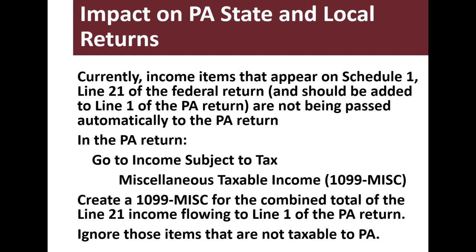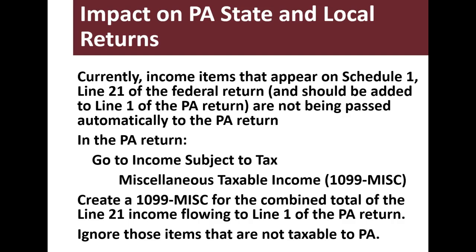Although we have submitted requests to TaxSlayer to automate this process, at this point in time, income items that appear on line 21 of the federal return and should be taxable to Pennsylvania are not being passed automatically. So you have to make a manual entry on the Pennsylvania return.